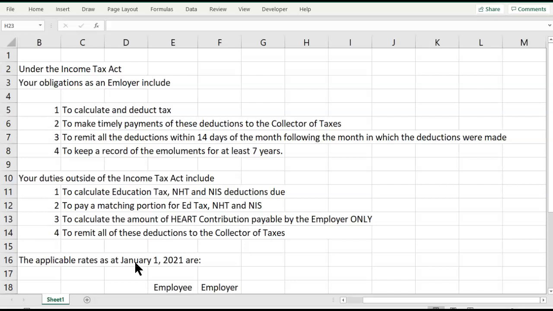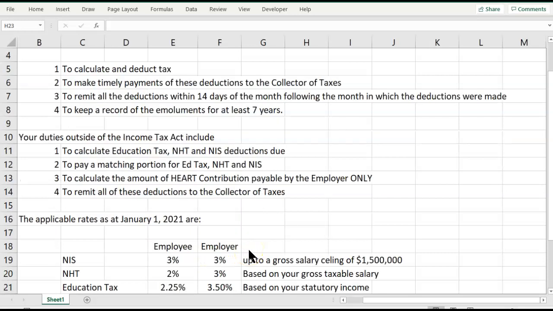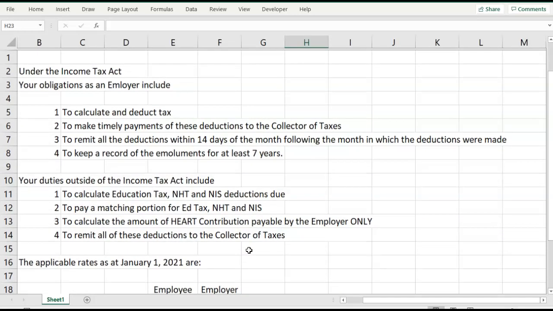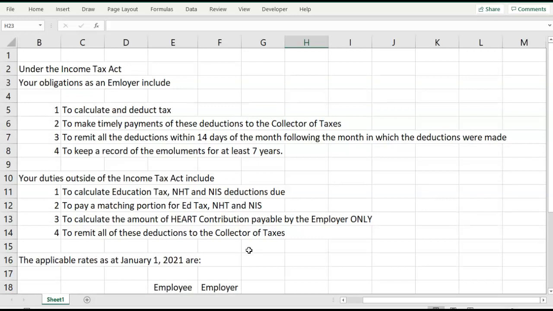Okay, so we're going to start off by looking at some information that I picked up from a human resource management website. It is reminding us that under the Income Tax Act, you have certain obligations as an employer.